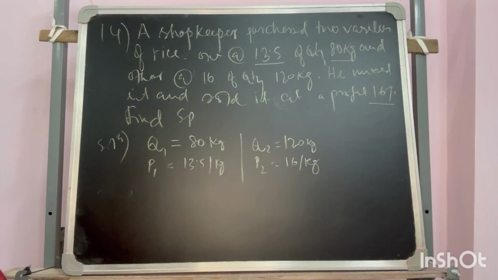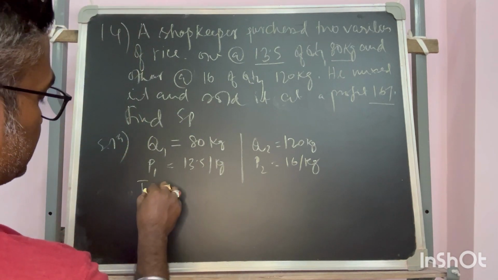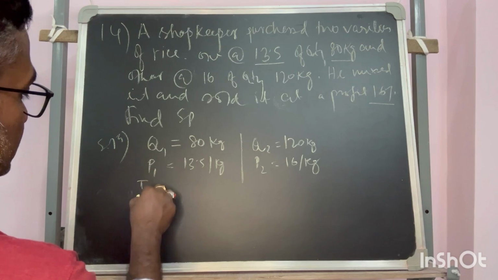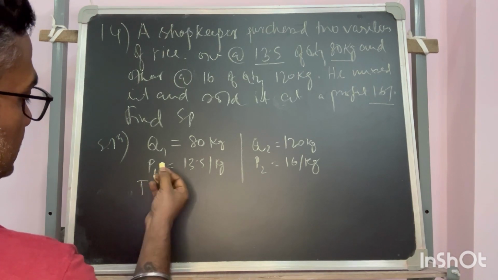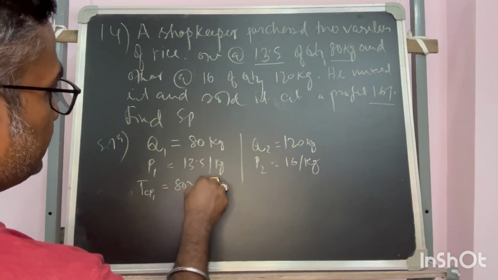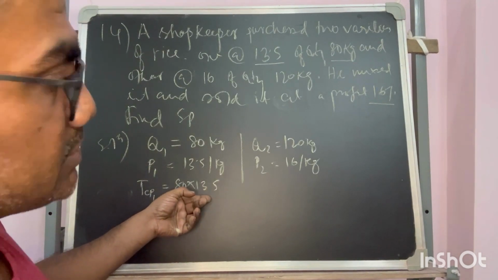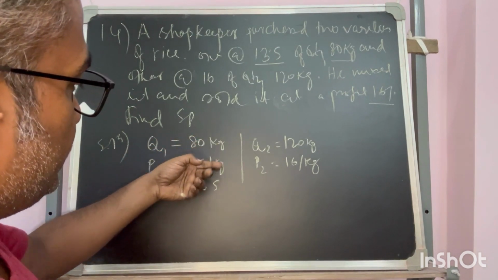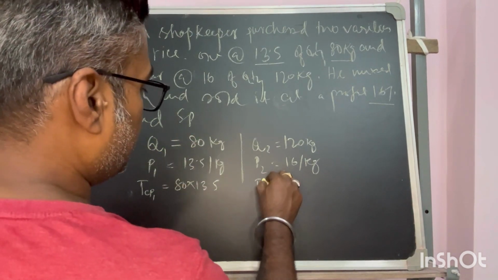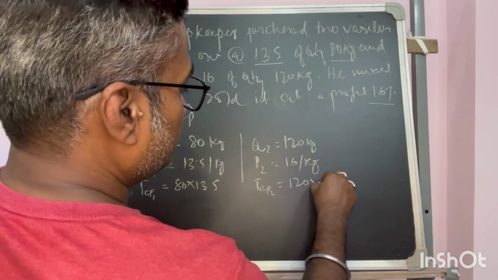We are mixing, so the total cost price for the first one will be 80 into 13.5, that is this much rupees he has spent purchasing the first one, and the cost price 2 will be given by multiplying this.